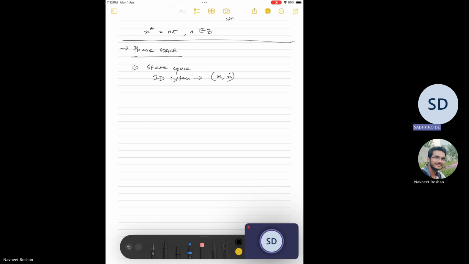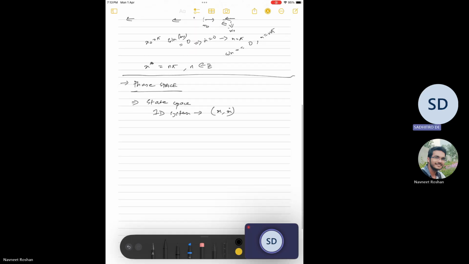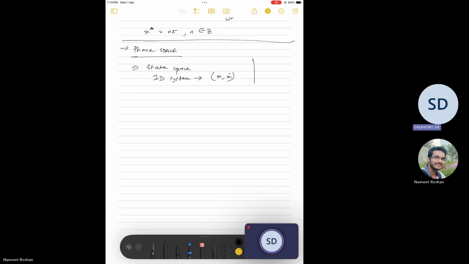So basically, in a phase space, a point completely describes the system. Here we have the 1D system, which is described completely in terms of its position and velocity.